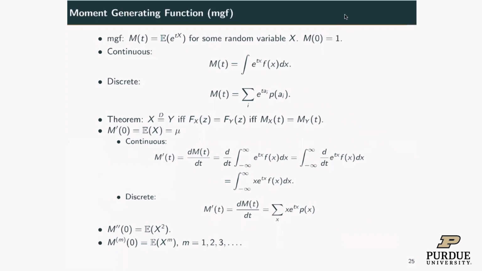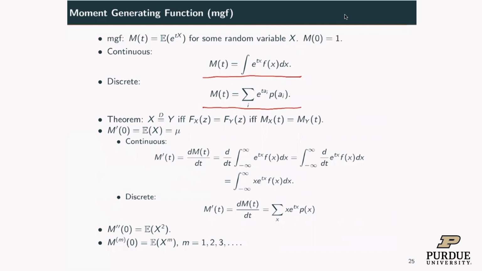When t is equal to 0, the moment generating function is 1. If x is a continuous random variable, the moment generating function is just this integral. If x is a discrete random variable, the moment generating function is just this sum. The moment generating function is a very powerful function, similar to the CDF, PMF, or PDF.